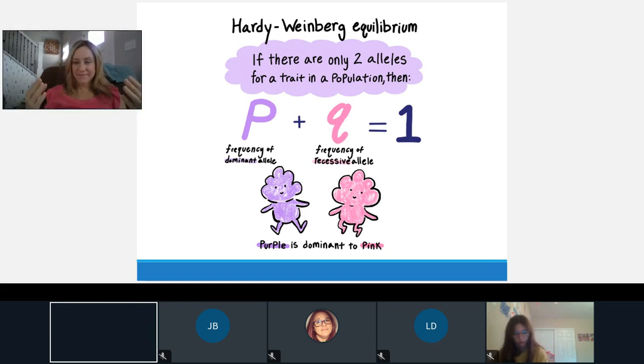Okay? It's all right if you can't spell, no judgment. And then I want you to think back to these little fuzzy guys. P equals dominant, Q equals recessive. And maybe we can say that the little fancy part of the end of the Q looks like a lowercase r. I don't know if that helps.